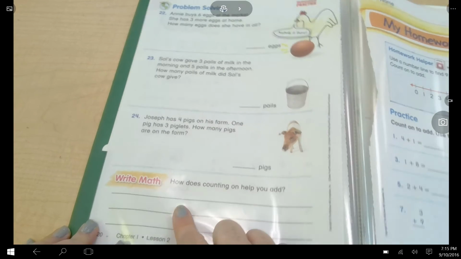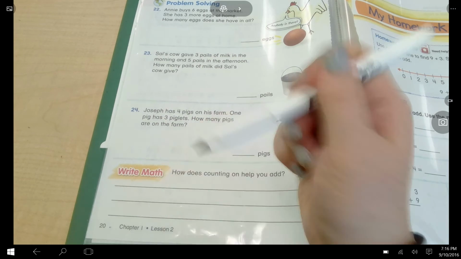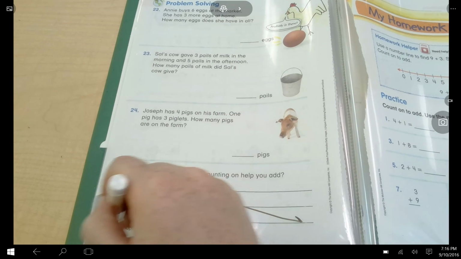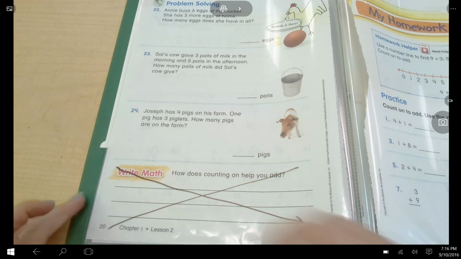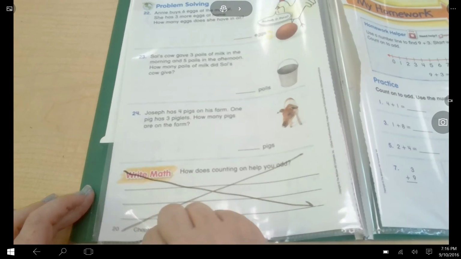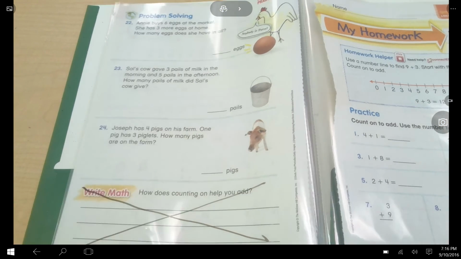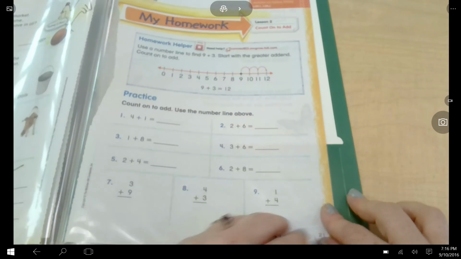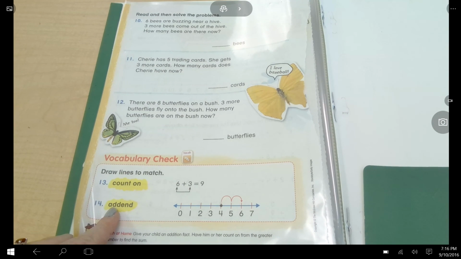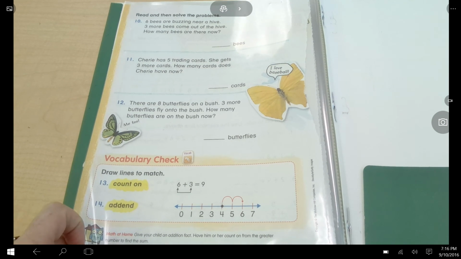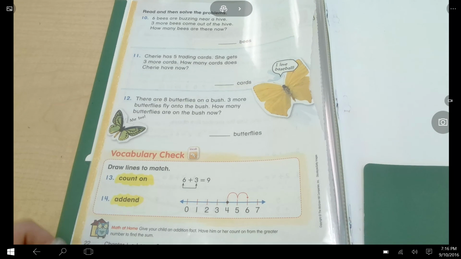You do not need to do write about math. Go ahead and draw a box. Okay, write about math. You're not doing write about math. You are doing On My Own, problem solving, no write about math, homework, the front side practice, the back side problem solving, and the vocabulary check. We are doing the vocabulary check. See you soon.